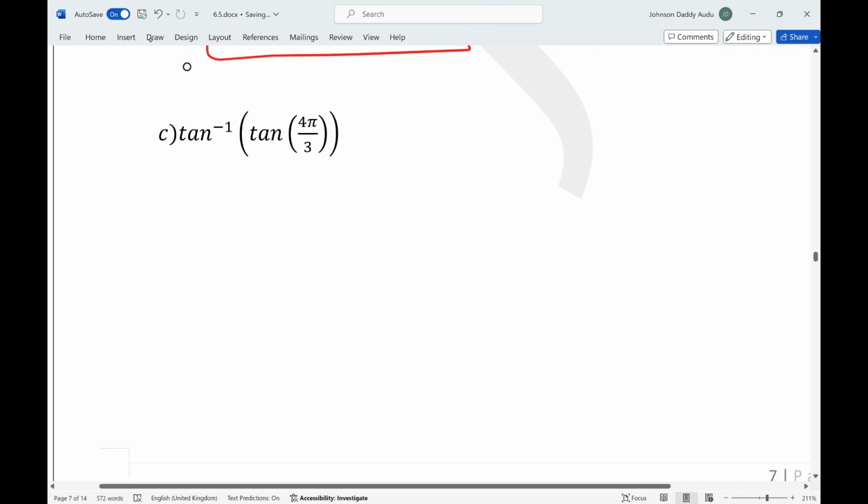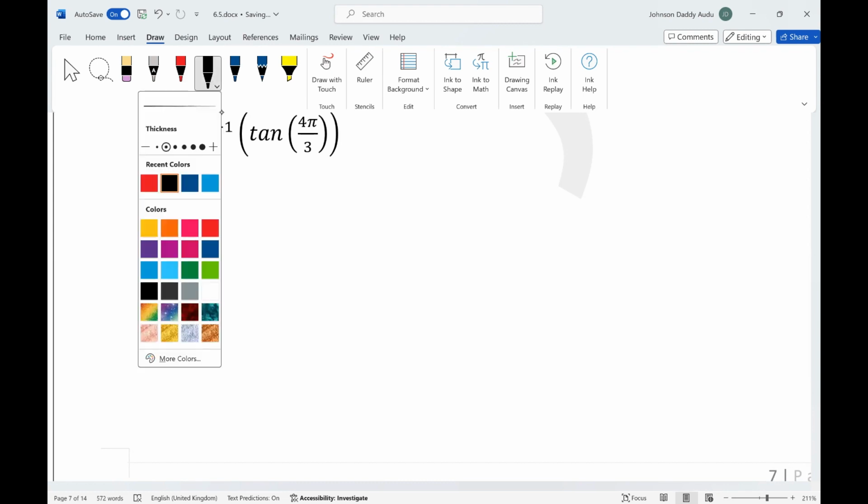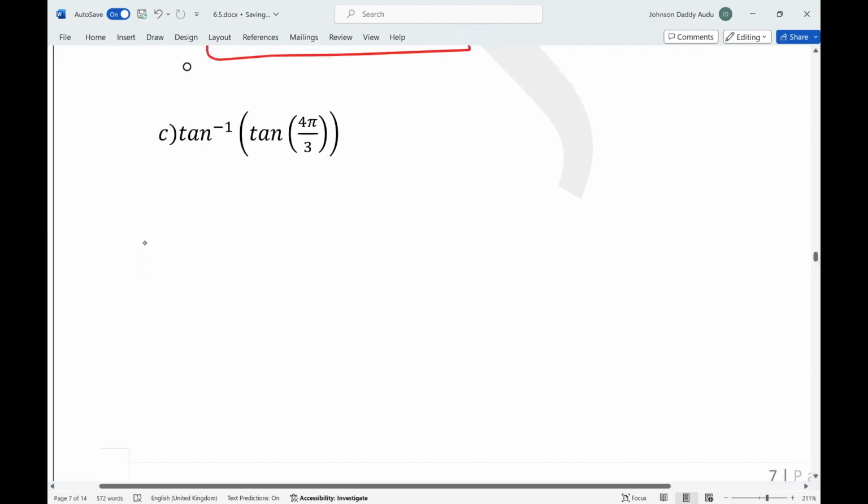All right. Now, let's do C here. For C, we're dealing with tan. So for tan, it's still going to be a similar procedure. We have to recall, what do we need to recall?